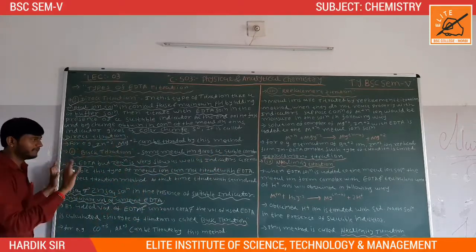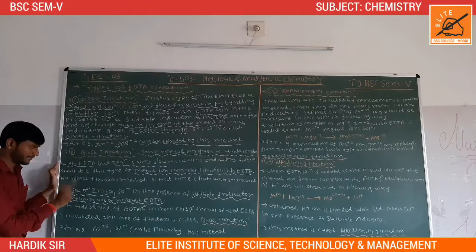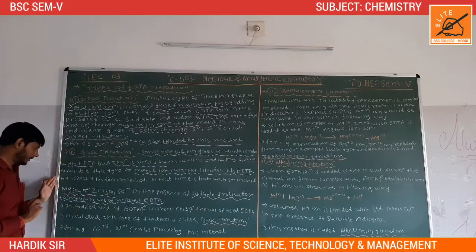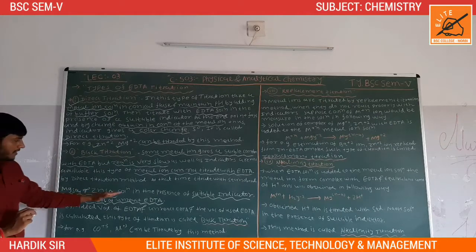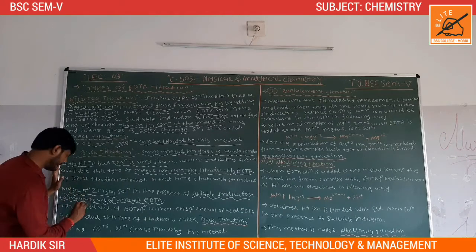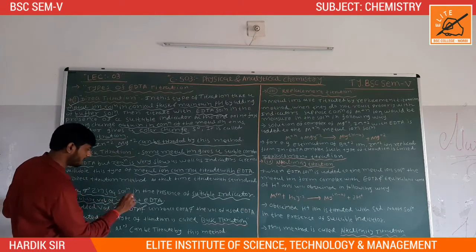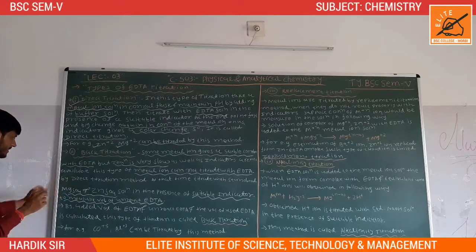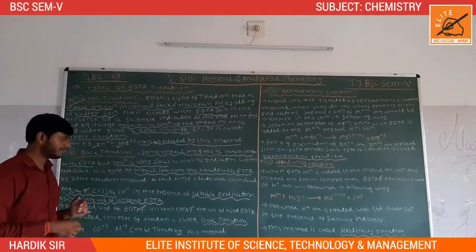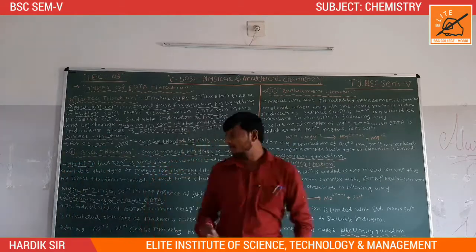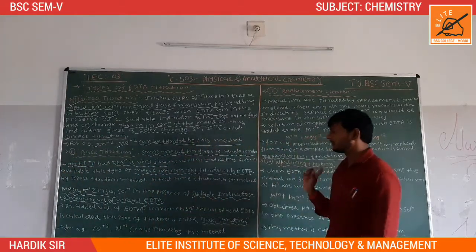At that time we use the standard magnesium sulfate and zinc sulfate solution in the presence of a suitable indicator to measure the volume of unreacted EDTA. Then, subtracting the unreacted EDTA from the volume of EDTA added, the volume of EDTA used is calculated. This type of titration is called the back titration method.